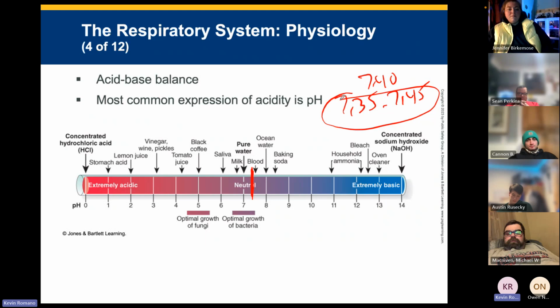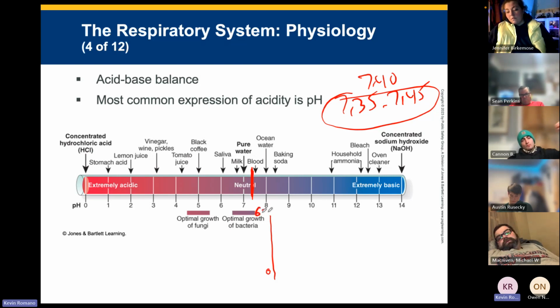So if we have a patient, and here's the respiratory side of things, if we have a patient that is breathing too slow, otherwise known as bradypnea, breathing too slow. Let's just say we're going to draw this out here. Here's our line. This is 0.